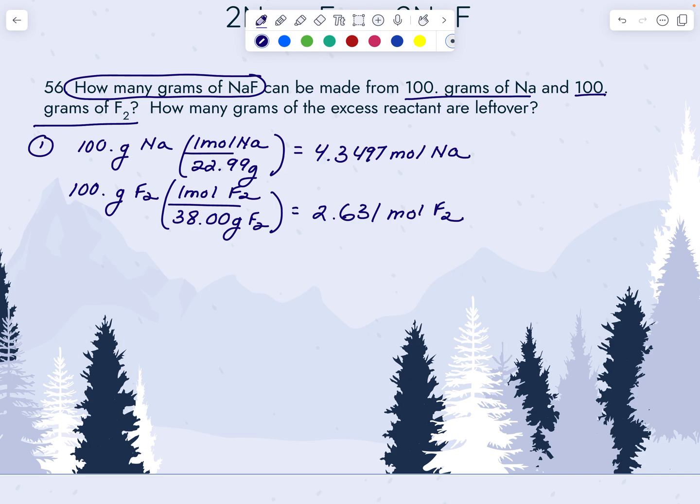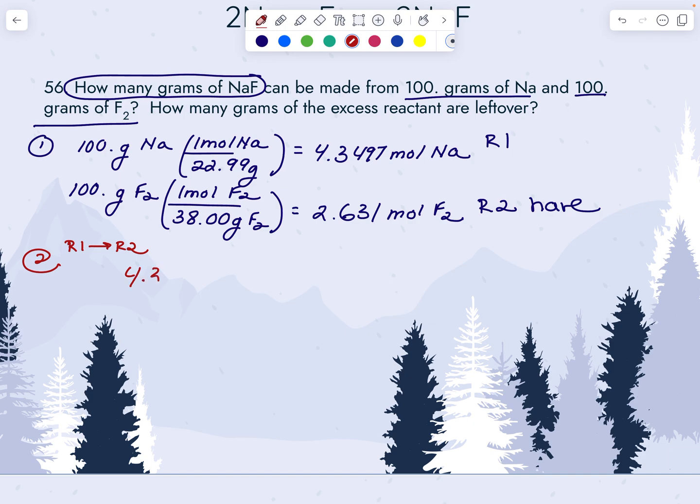Remember that this is reactant 1 that I have, this is reactant 2 that I have, and for my second step, what I do is I figure out how much of reactant 2 I would need to use up all reactant 1. So I take reactant 1 and I convert it to reactant 2.